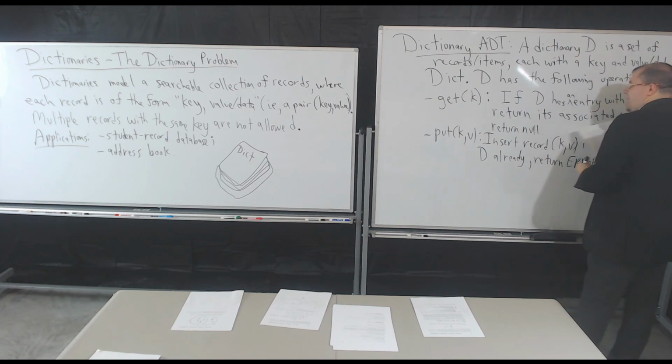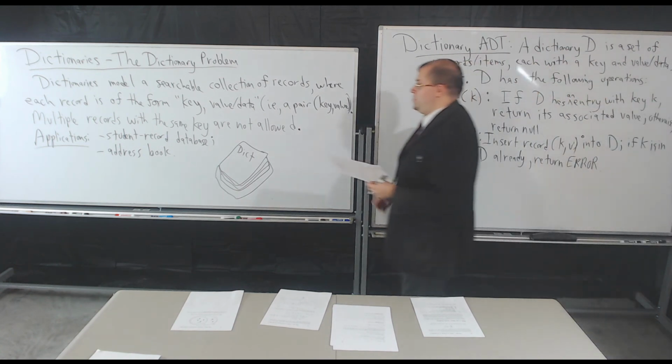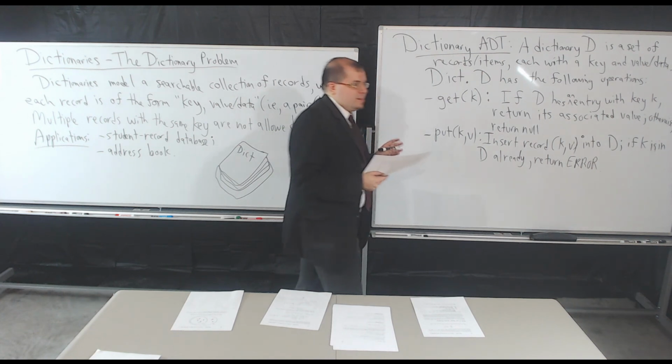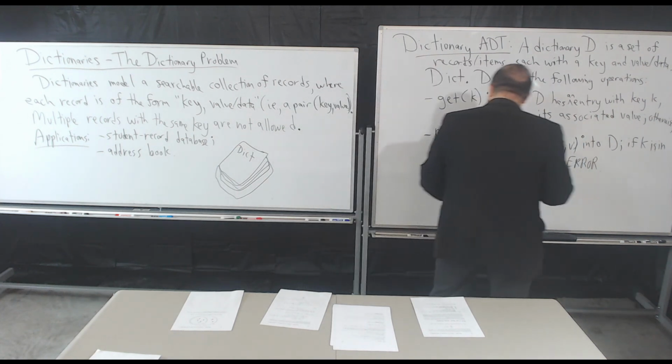So in something like Java, this would be an exception you're going to throw. So remember, we cannot have records with duplicate keys. That is something forbidden in our ADT.